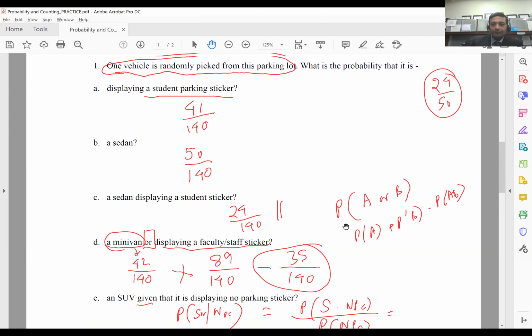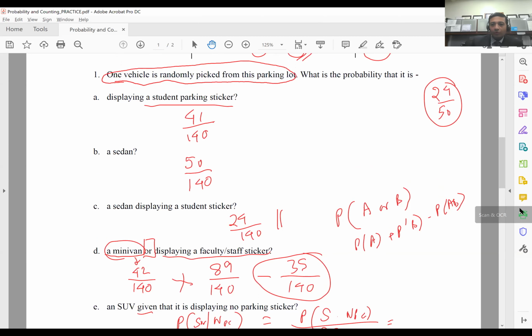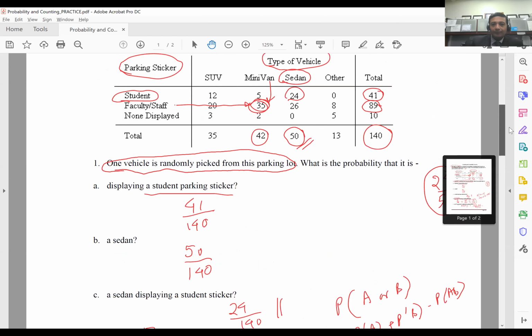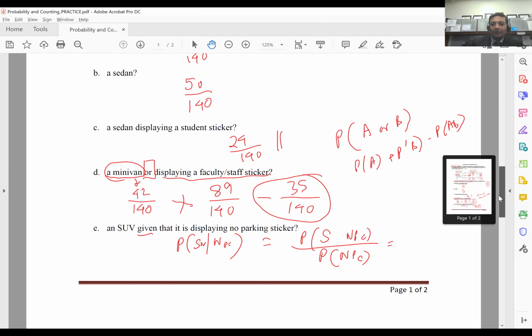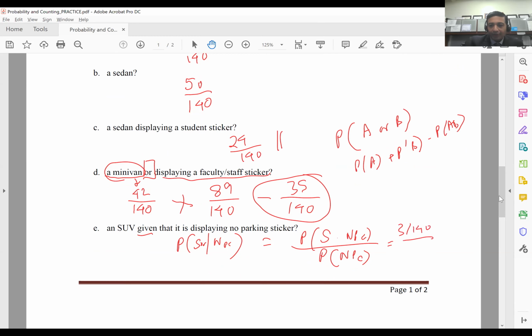If you go into the numbers, SUV and no parking sticker is 3, and no parking sticker across the board is 10. So it will be 3 over 140 divided by 10 over 140, which is 3 over 10, or 30%.